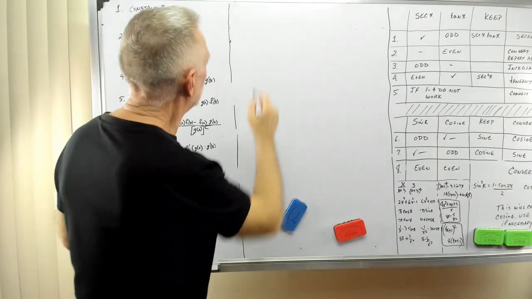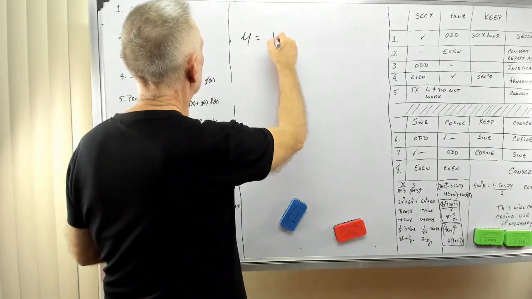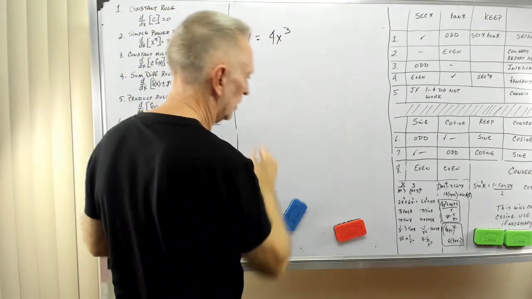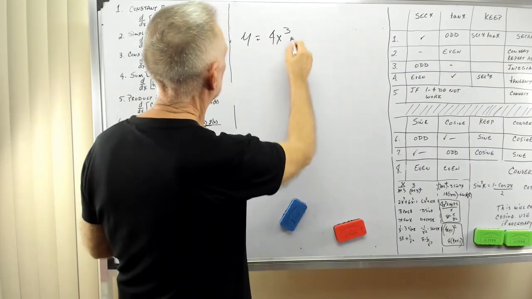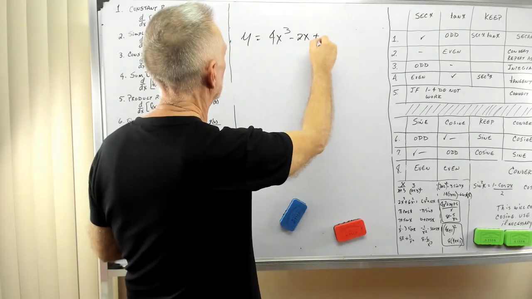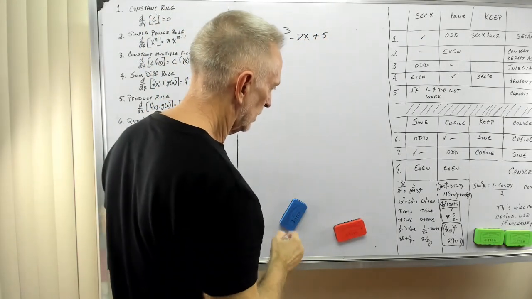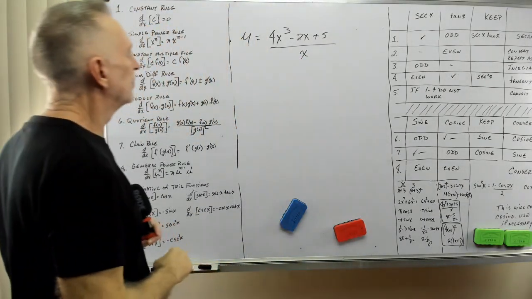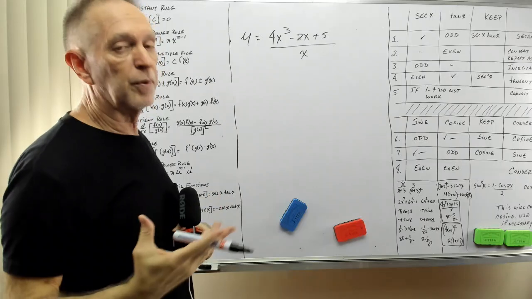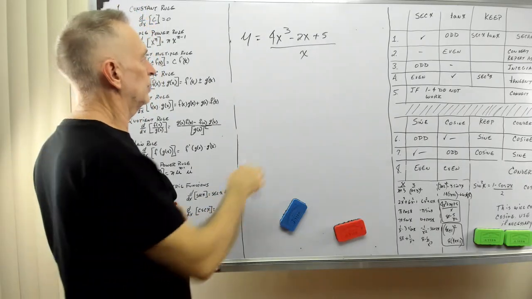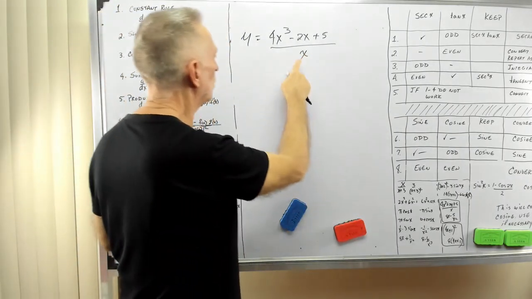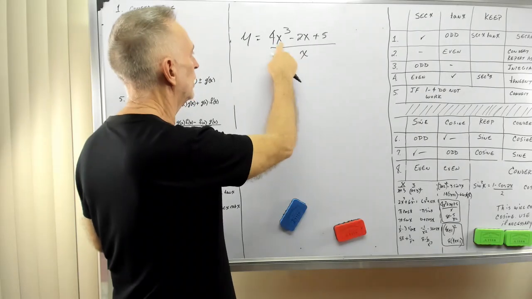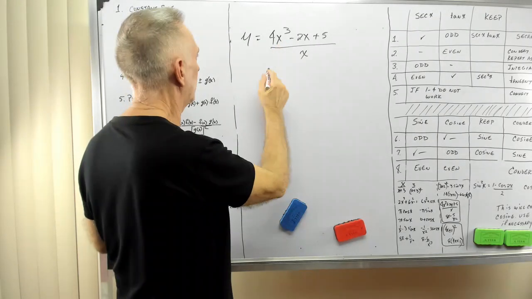Okay, so y equals 4x cubed minus 2x plus 5 over x. Now, simplify is always a good thing to do. Since I have one term in the denominator, I can divide each term by that.